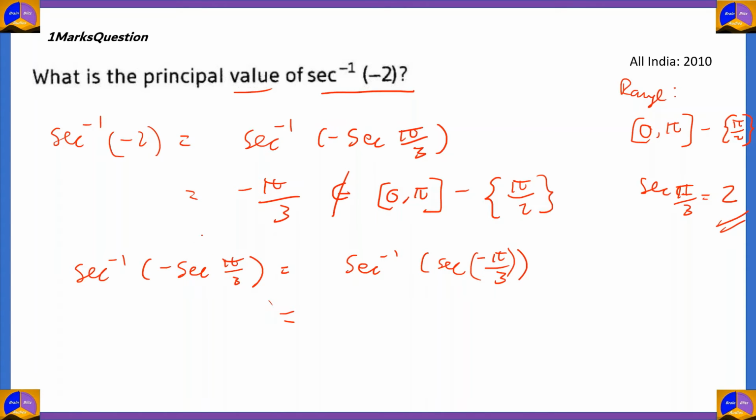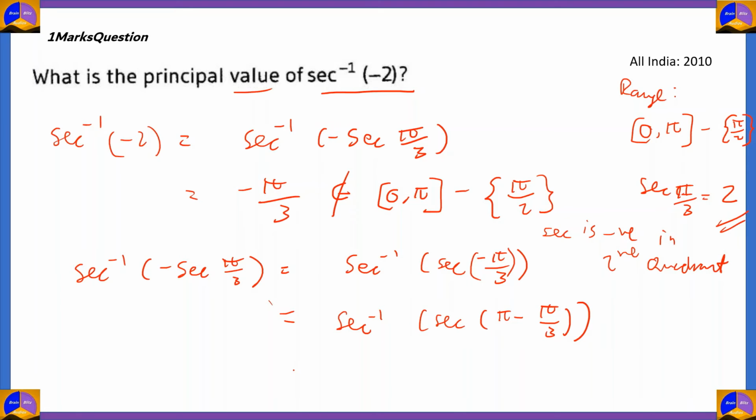And since sec is negative in the second quadrant, we can write sec of minus pi by 3 as sec of pi minus pi by 3, 180 minus theta. And so the value will be sec inverse of sec 2 pi by 3, which will give you the answer as 2 pi by 3.